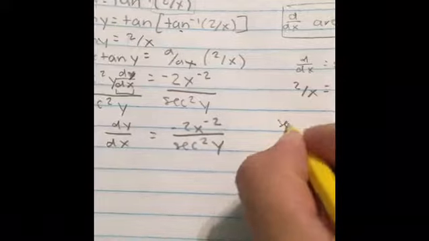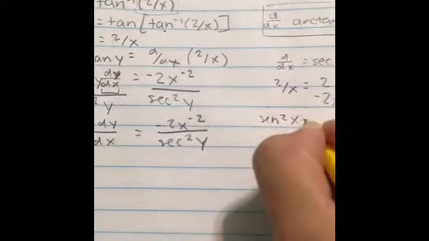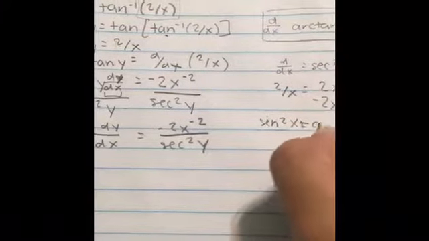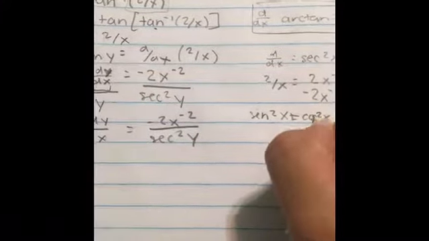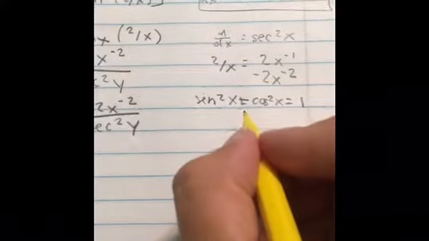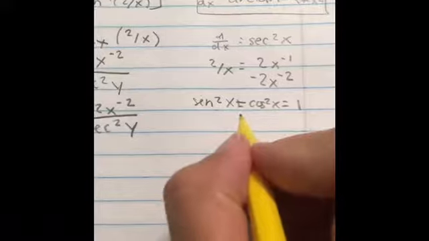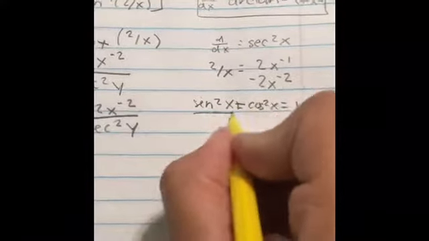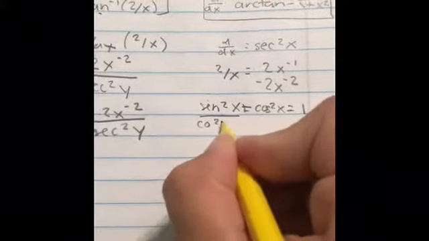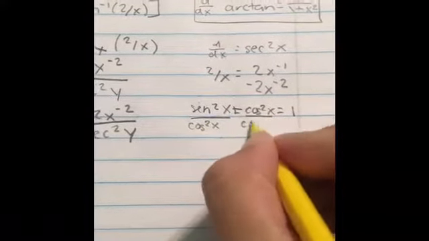So we have sine squared x plus cosine squared x equals 1. And we want to make it relate back to tangent y. So we're going to divide by cosine squared x on both sides.